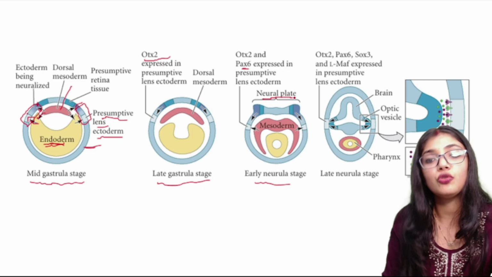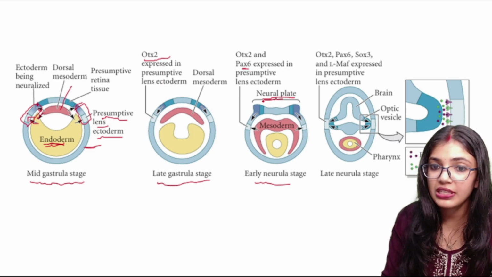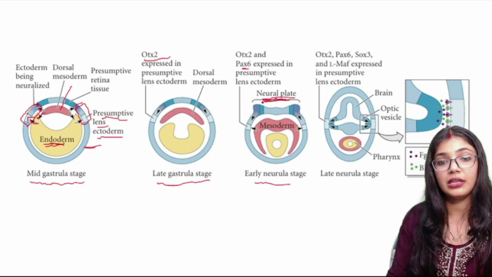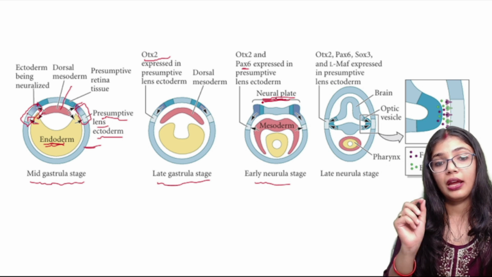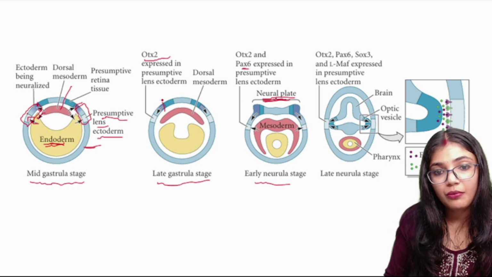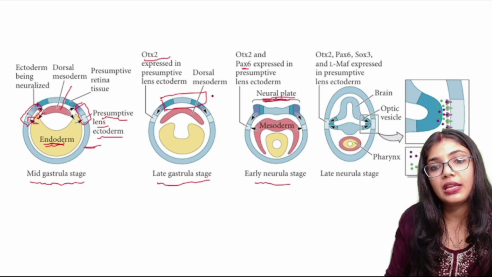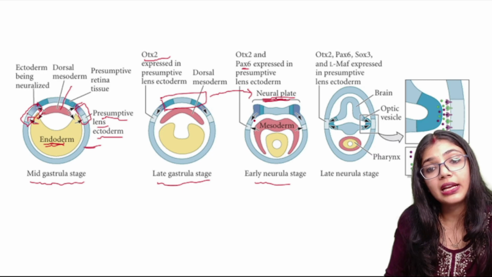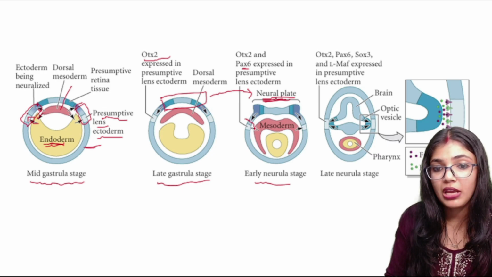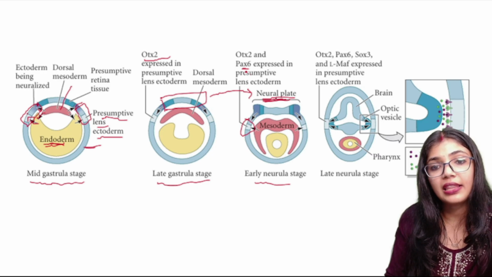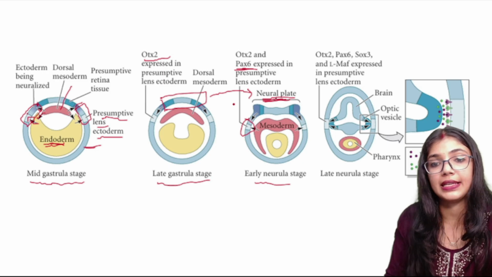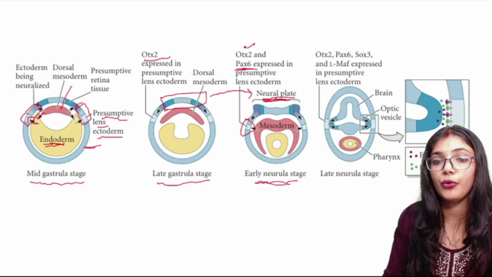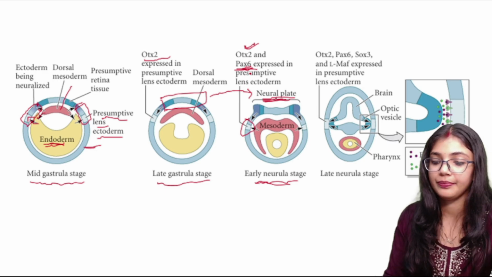This neural plate, which is present here, is also formed from the anterior region of the ectoderm. This neural plate gives the second signaling to this presumptive lens cell, and after that there is formation of PAX6. So in the early neurulation stage, there is formation of OTX2 and PAX6.